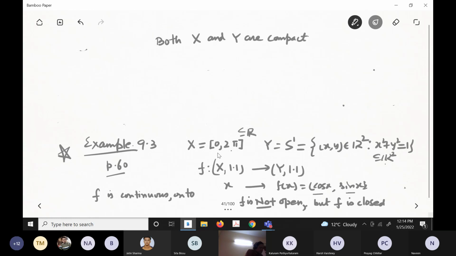Now look, if you take a closed subset of X, suppose this is A, closed. Of course, you can assume it is non-empty, because the empty set will give the empty set, which is closed. A closed in X compact means A is compact. The continuous image of a compact set is compact, so F(A) is compact in Y, since F is continuous.